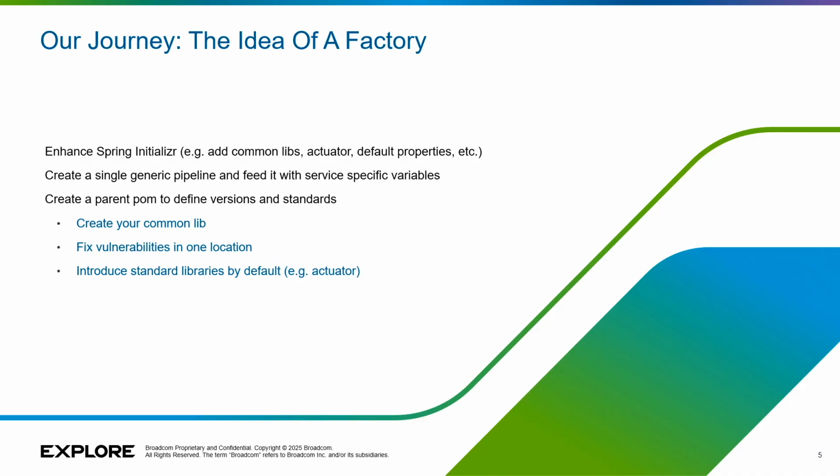Some common libraries which did auto configuration so that we took care of security automatically and all the things. We also generated variable files, which we hooked into our generic Concourse pipeline at this point in time. So after 10 minutes, the developer was actually able to deploy the service to our test environment using a pipeline.